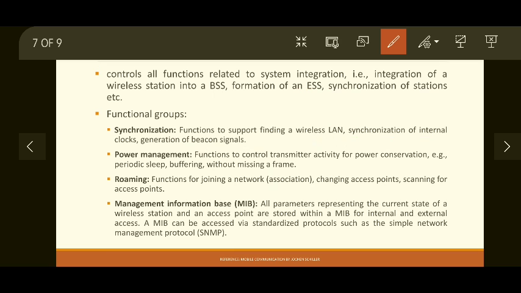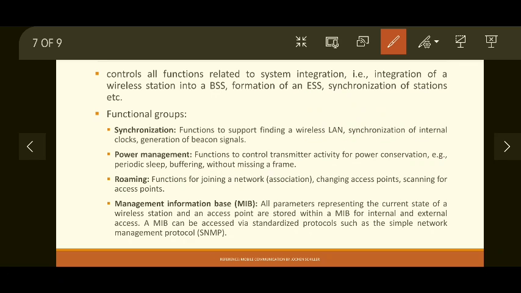So functions to control transmitter activity for power conservation, for example sleeping during non-transmission or buffering of data in case of retransmission without missing a frame, will be done in the power management functional group of the MAC management layer.